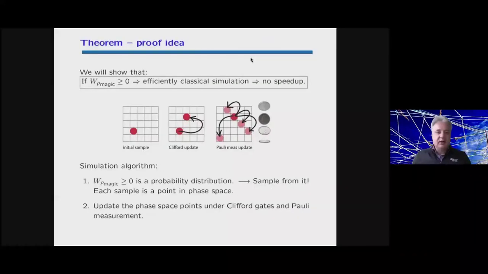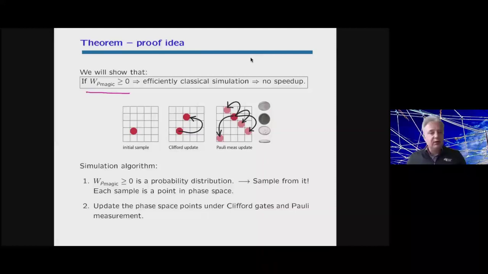Okay, and so now we can explain this result, how it works. We wanted to show that you need negativity for a speedup. The contrapositive of this is to say that if our initial Wigner function is positive to begin with, then there's no speedup. We show this by explicitly constructing an efficient classical simulation algorithm.